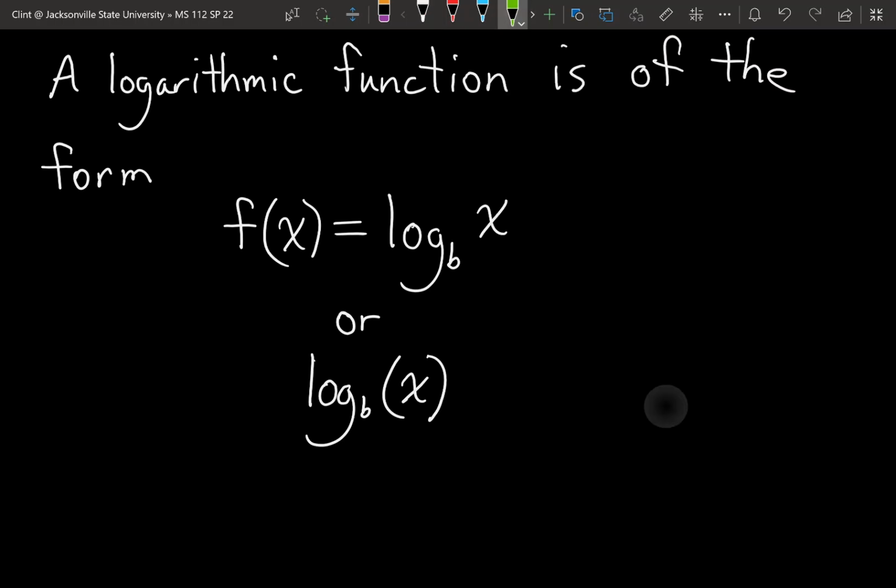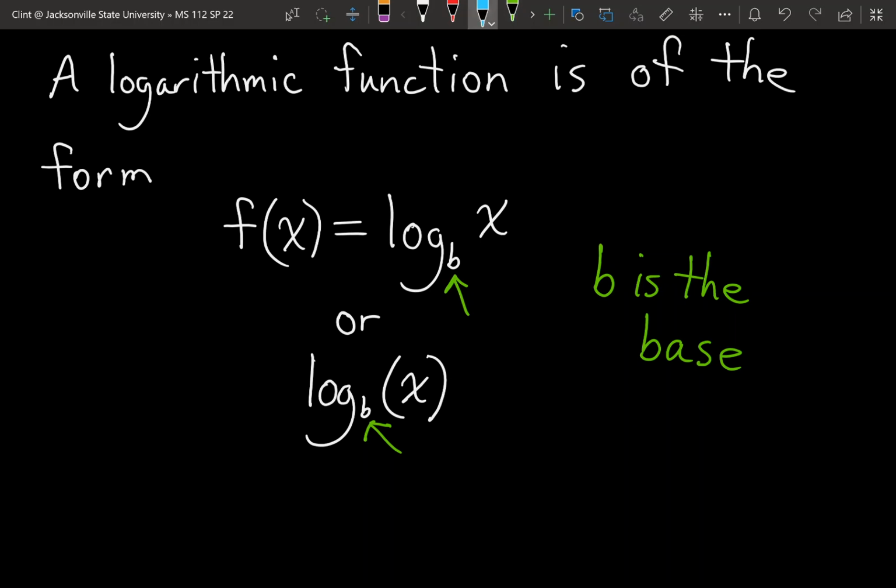And this number b is the base. And that is related, last time when we talked about exponentials, it's related to the base of an exponential function.